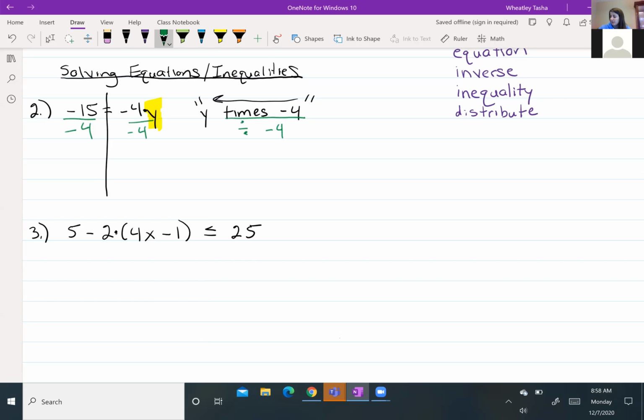-15 divided by -4. If you type that into Desmos, it would give you the decimal 3.75, and then -4 divided by -4 equals 1, but 1y is the same thing as y. You need to make sure that you can convert back and forth.